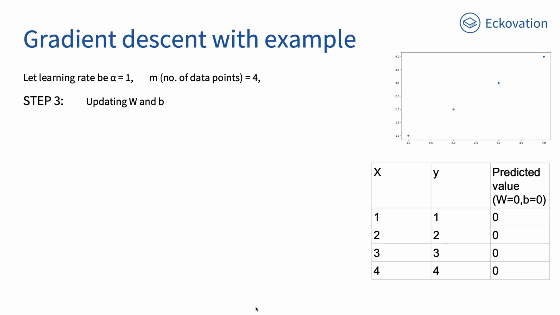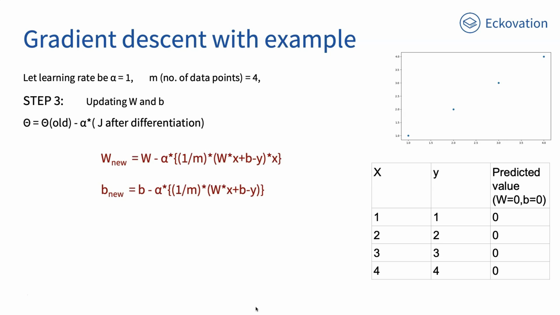We know that for updating, we have to multiply the calculated value by the learning rate and then subtract it from its older value. This here is the current value, which we have assumed, and this here is the actual value, which we will calculate. But both the old values of w and b are 0 because we had assumed it for easier calculations.